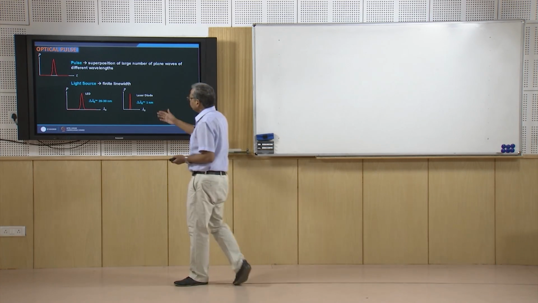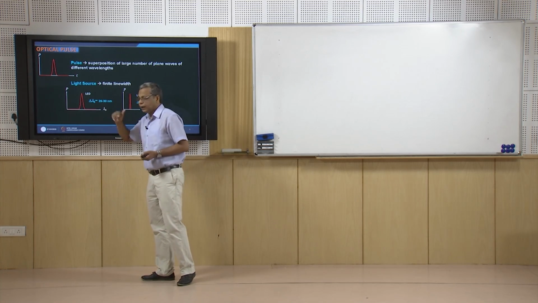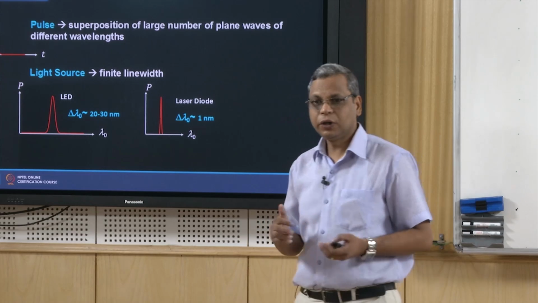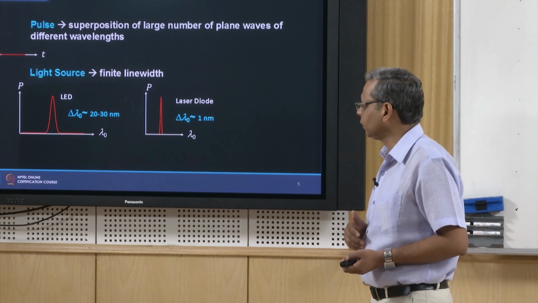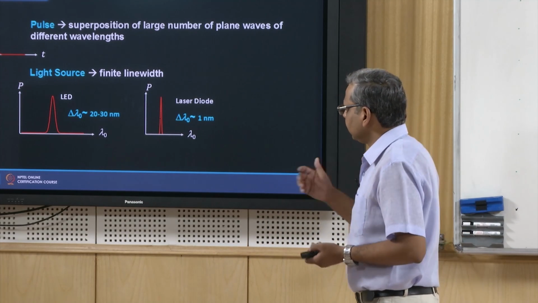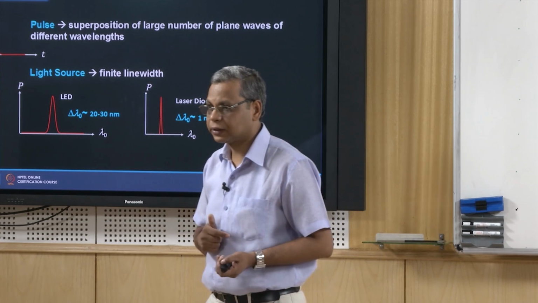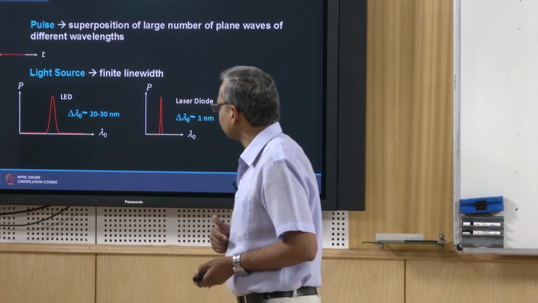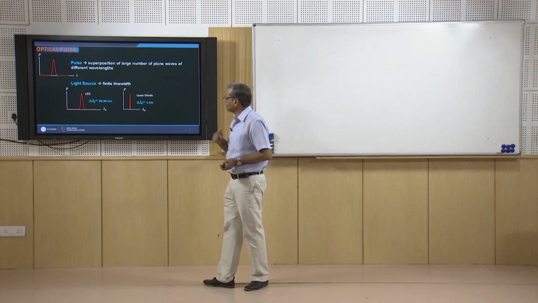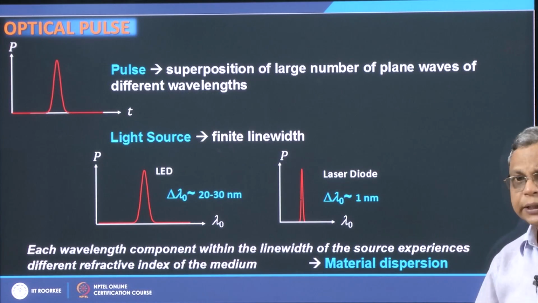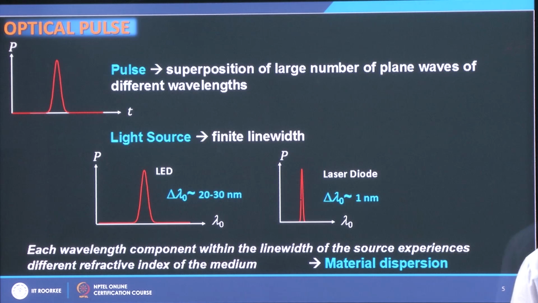So, all the wavelength components which fall in the line width of these light sources would now experience different refractive index of the material, and they will travel with different velocities, and that should give rise to dispersion. This kind of dispersion is known as material dispersion.